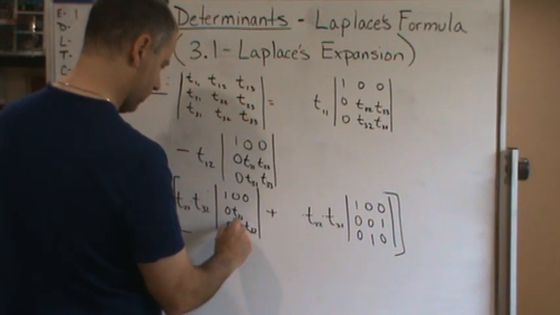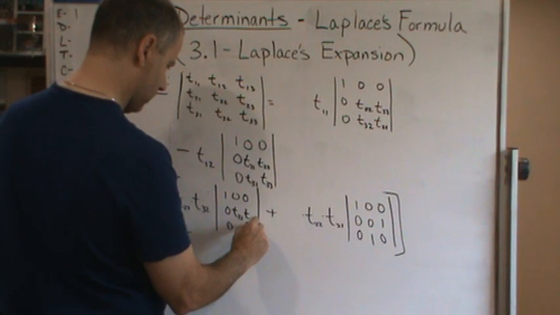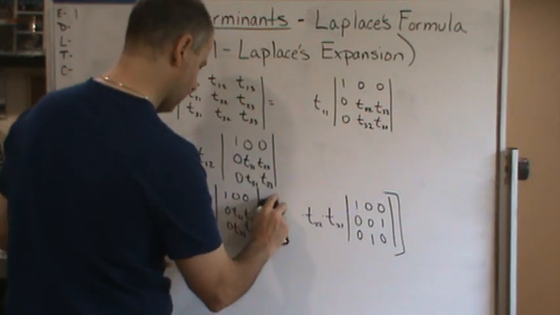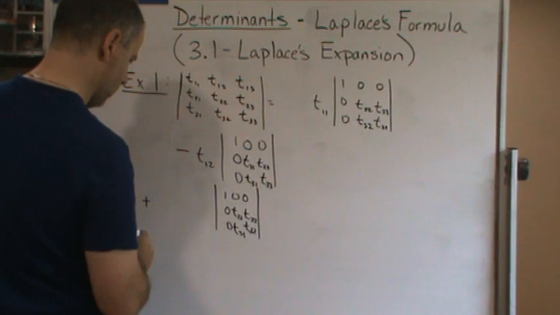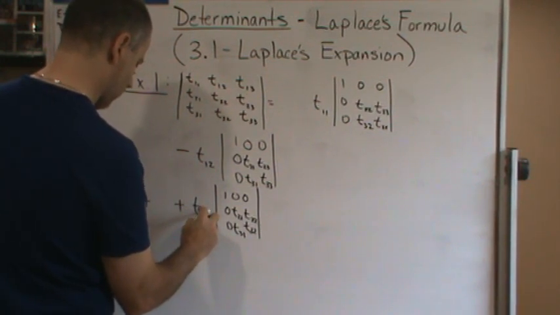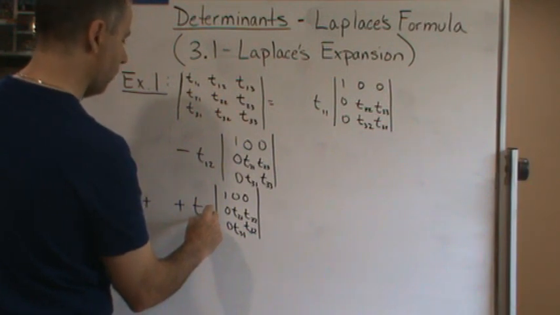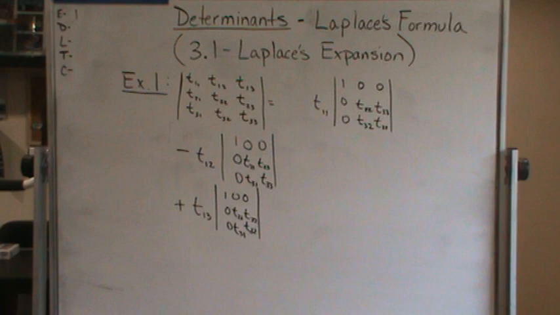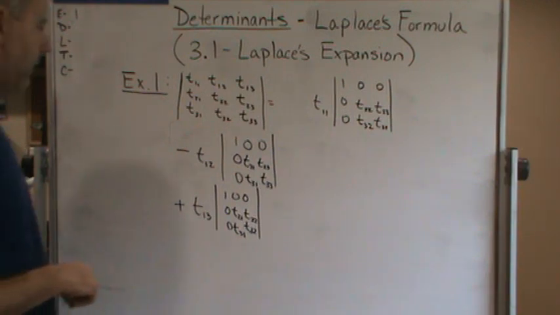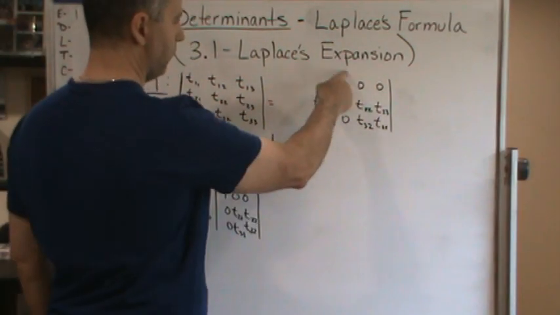And so it's going to be T22, T31, and then this reduces to a 2 by 2 determinant because we've got this one here.